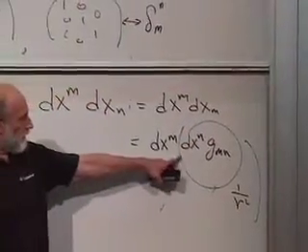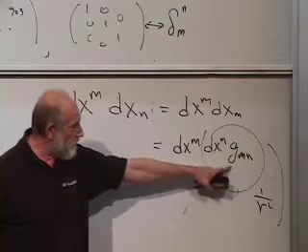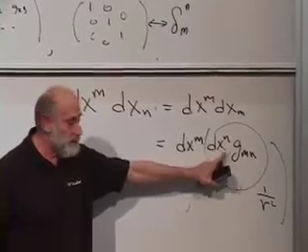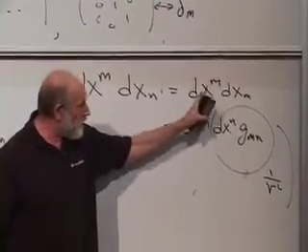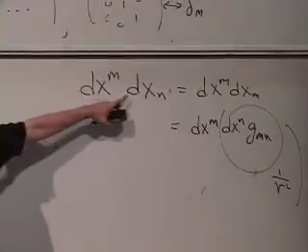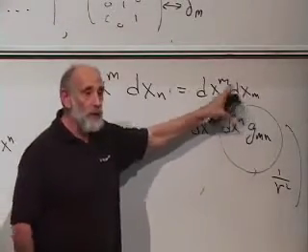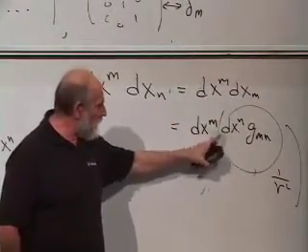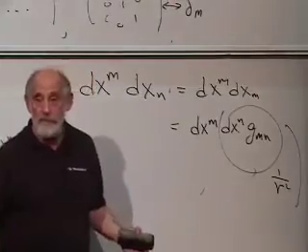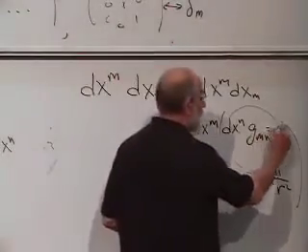This object is just the dx with the lower index. I lowered the index of dx^n and I multiply it by another dx. So what is this object with one dx upper and one dx lower, contracted? It's g_mn dx^m dx^n. What is that? It's ds squared. It's the distance between them.